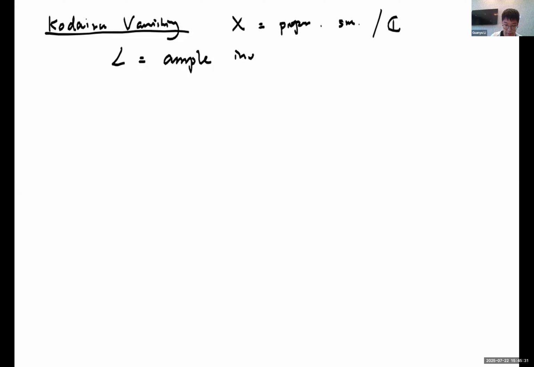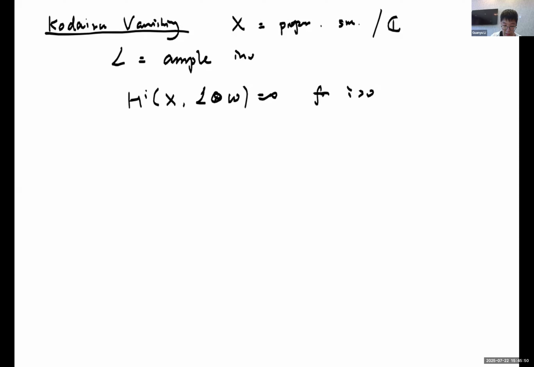Then the cohomology of L tensor with your dualizing sheaf is equal to 0 for i bigger than 0.